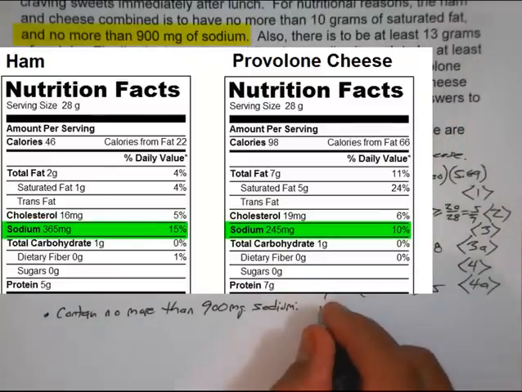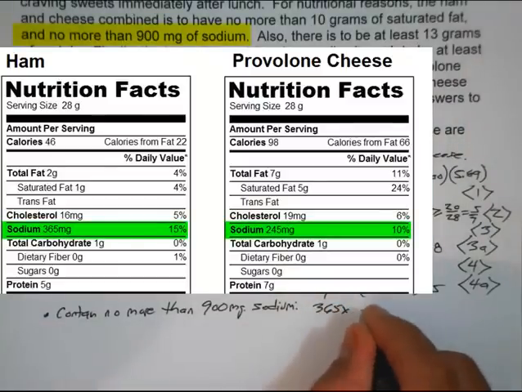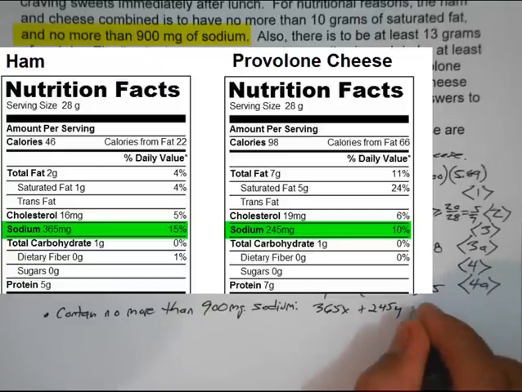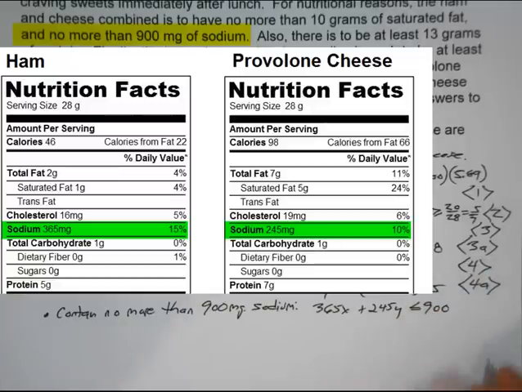Let's formulate. Overall, this will give us 365x plus 245y less than or equal to 900. Okay, we can call that inequality 5.